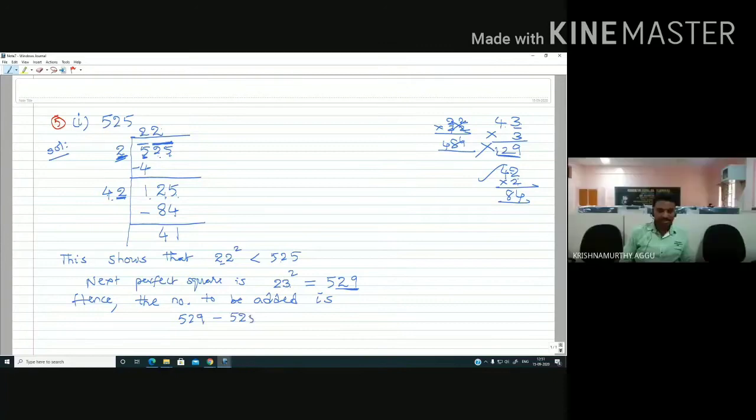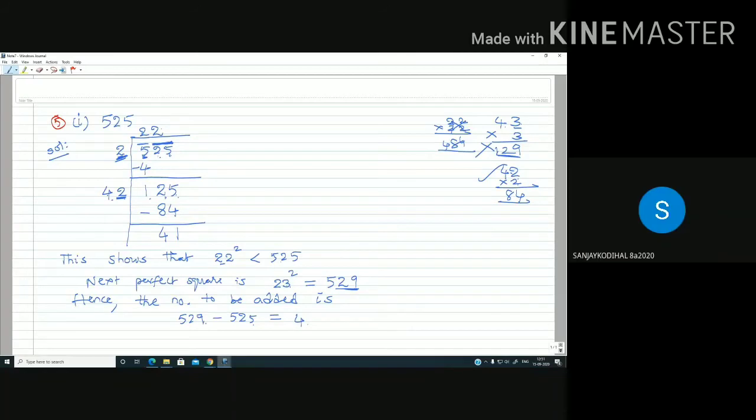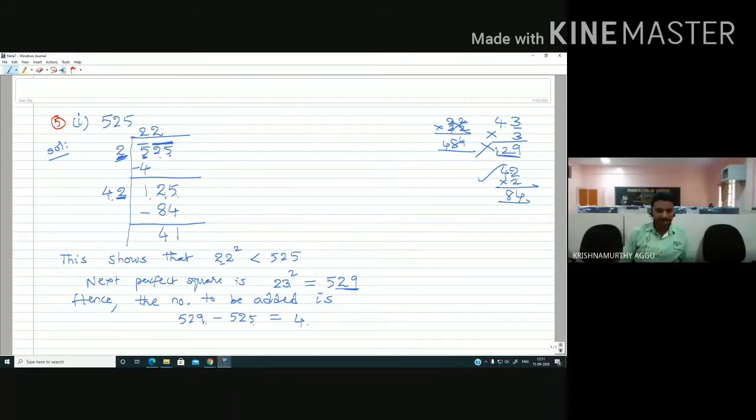If you want to know the number which is to be added to that 525, we subtract this number from this number. 529 minus 525 is what? 4. So if you add 4 to this 525, you will get 529.